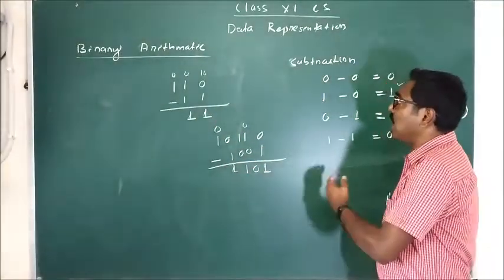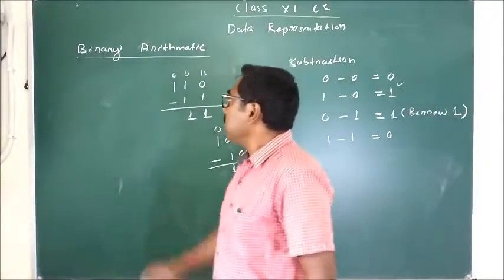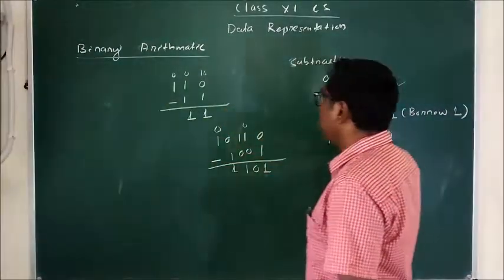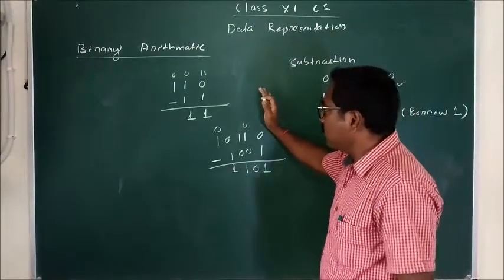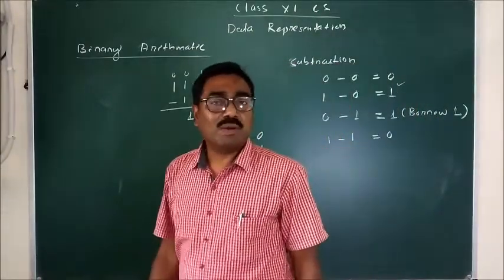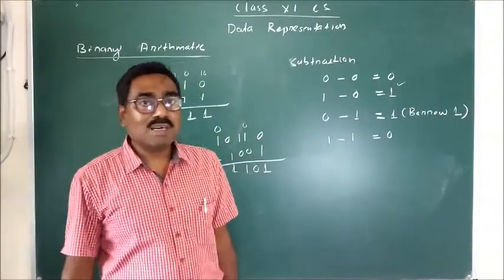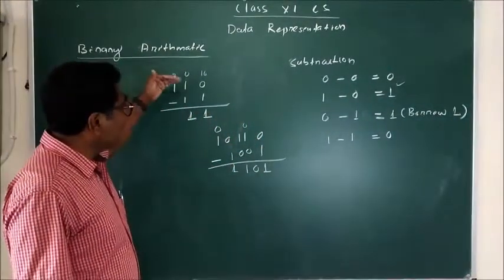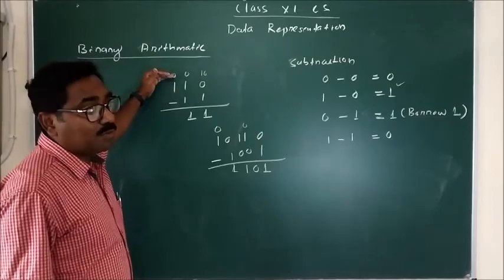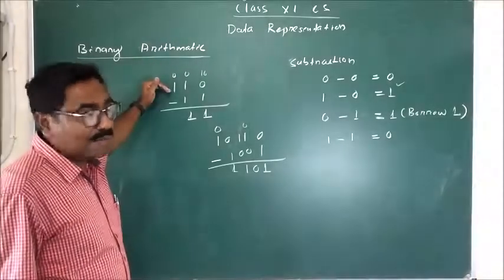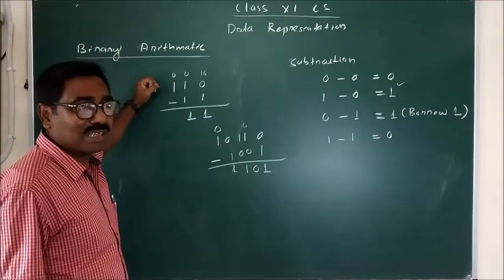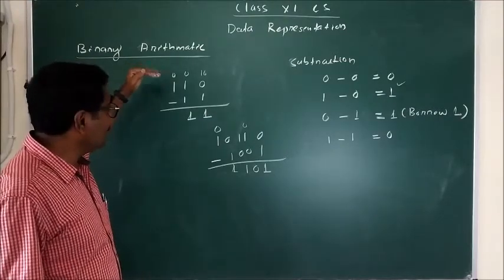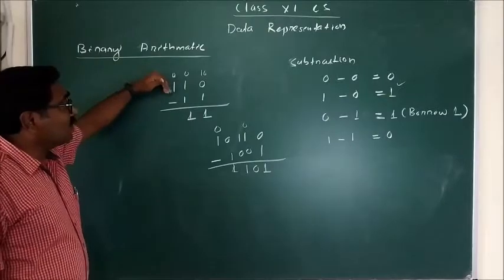So this is how we can do the binary addition and the binary subtraction. That's much for today. You have to practice some by your own, by taking your own examples. And if you are confused whether your output is right or not, then you can take the decimal equivalent of this.